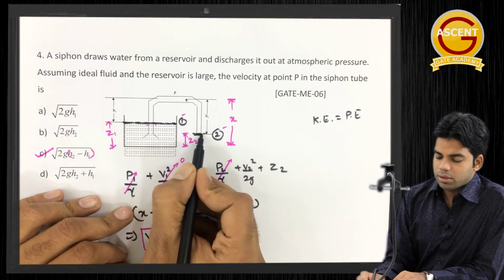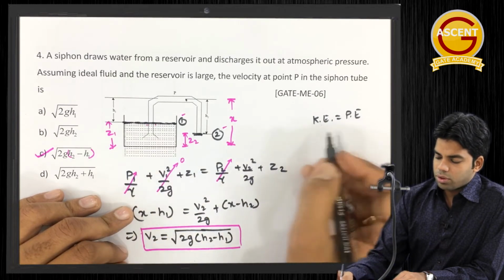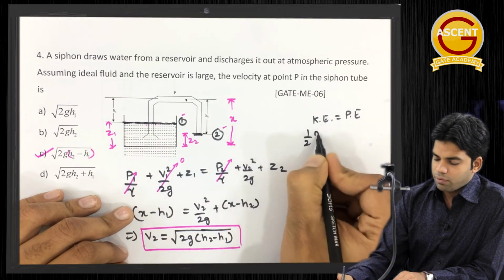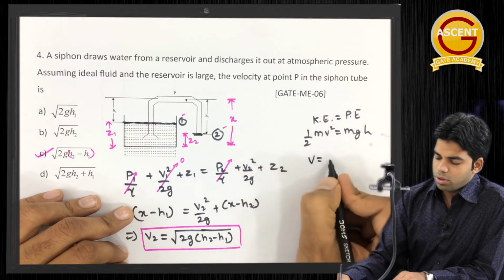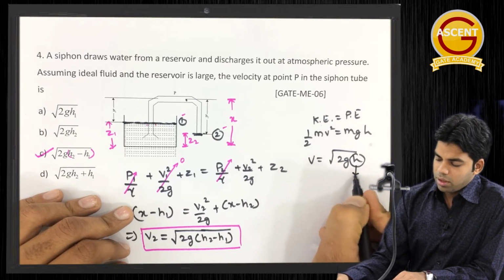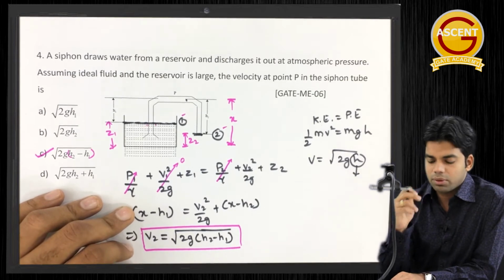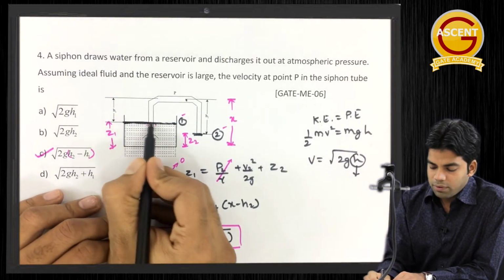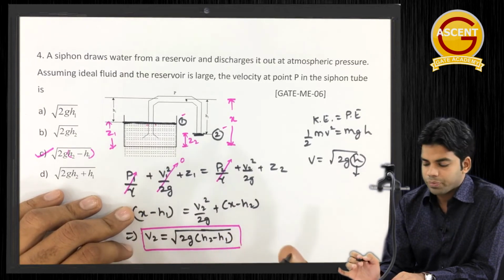Here we have the kinetic energy, potential energy is 0. So total kinetic energy is equal to total potential energy, or you can say half mv square is equal to mgh. So v is equal to under root of 2gh, where this h is nothing but the difference between the top surface of the fluid and the point where we have to determine the velocity.